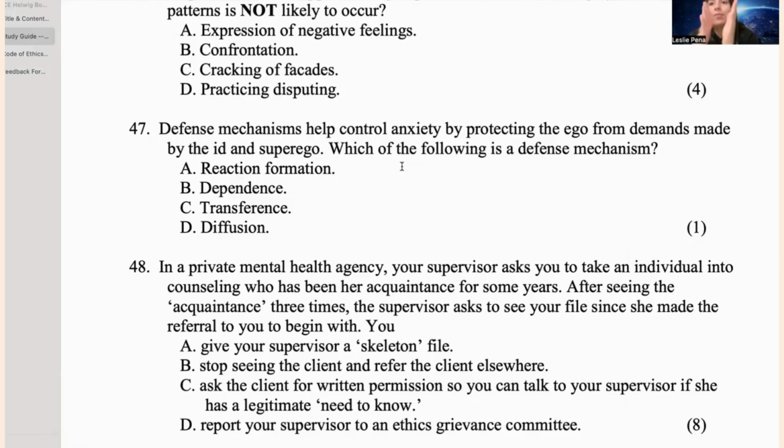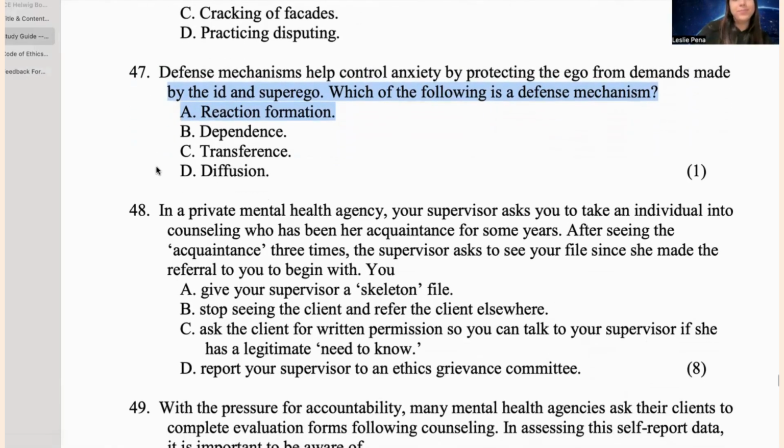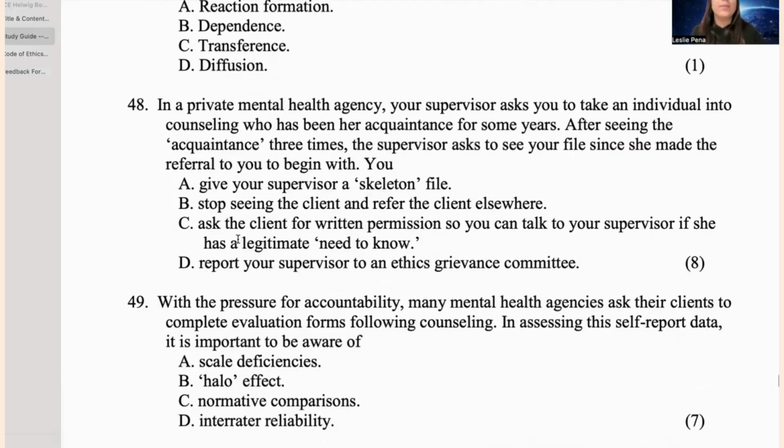As I've said, I have a very long video on defense mechanisms, but basically the answer for this one is A. It's A. Reaction formation is like reacting the opposite way that you're supposed to. So let's say you're getting mugged and you want to fight them back, but you cannot, you just freeze. That's reaction formation.